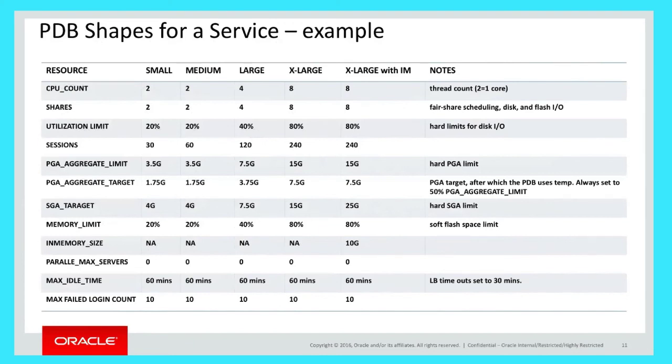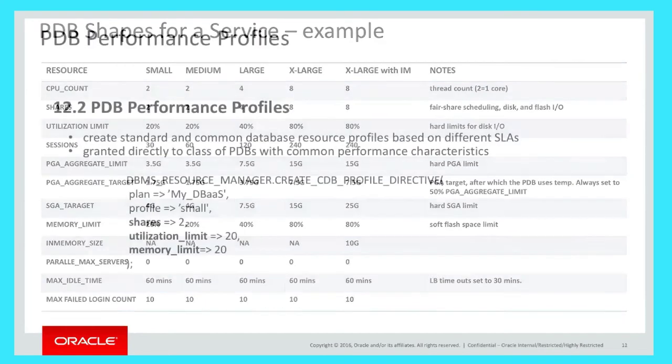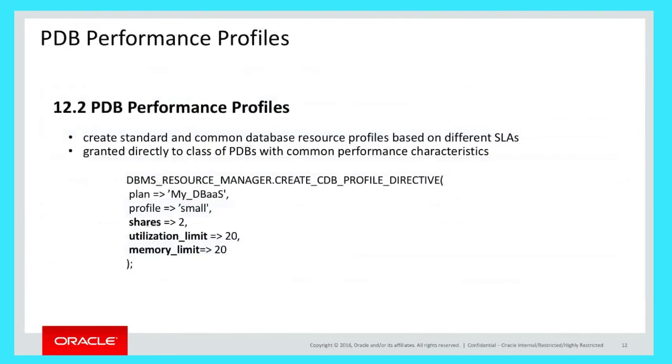But all of these others, you're going to need to find a way to define and control the specific PDB shape for that service. So let's look at a simple example for a small profile for a PDB shape where we define the shares, which is the percentage of resource utilization of the container database that it's hosted in.